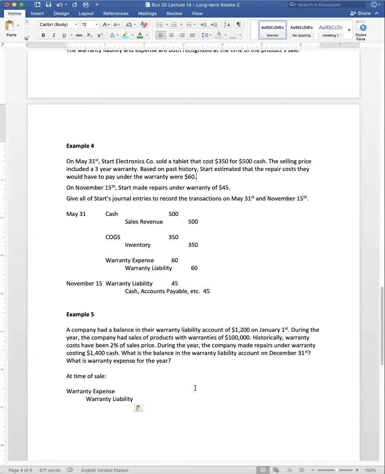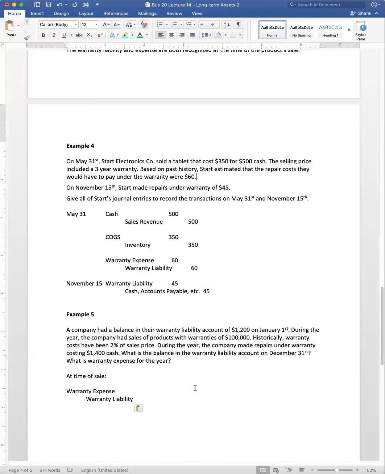All right, so every single one of these products comes at a different price. And therefore, each one of them is going to have a separate calculation for their warranty estimate. Now, that's kind of painful, right? Every single time you have a slight variation in your product and sell it for a different amount of money, have a different spec on it, you're going to have a different warranty calculation.